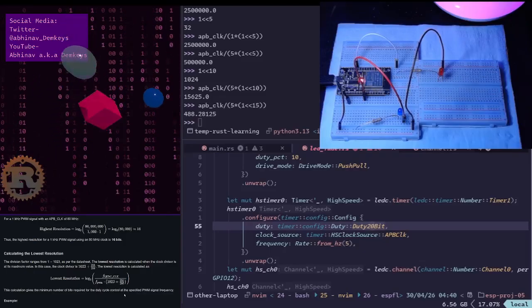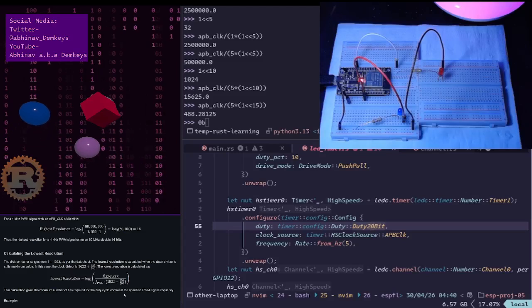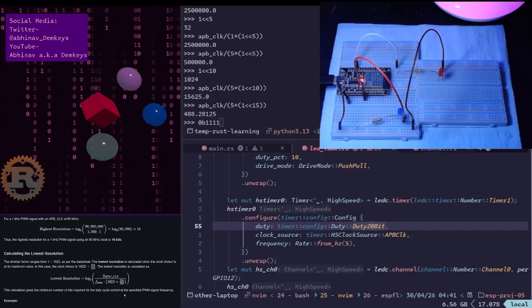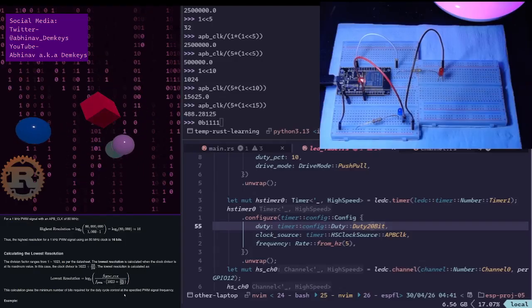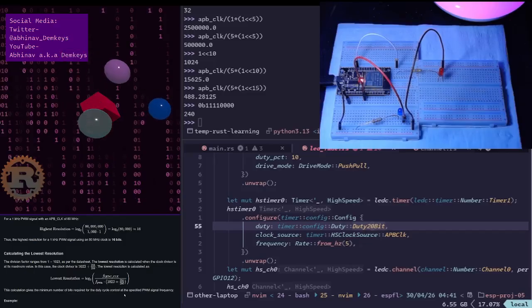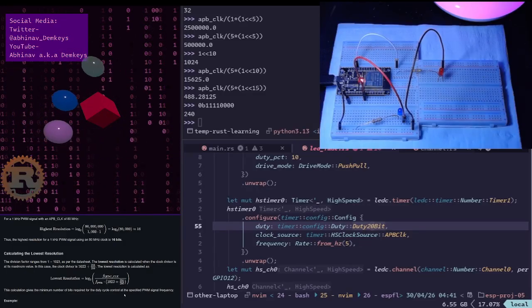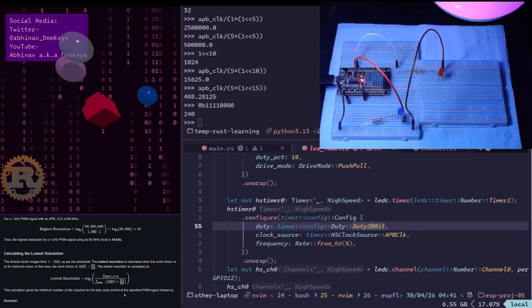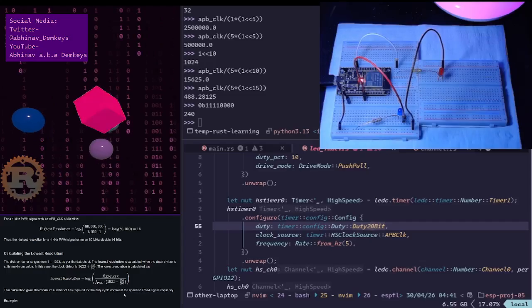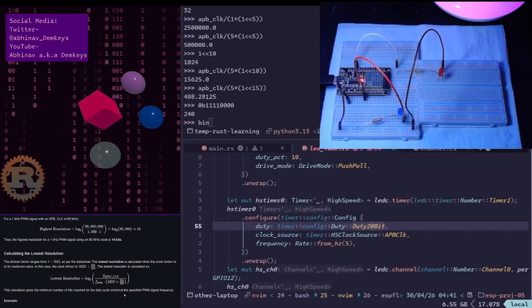I don't remember, dude. Is it for bit shifting? Let's do an 8-bit value. Okay, that's 240. Now let's say we have two. Let's do bin 255.